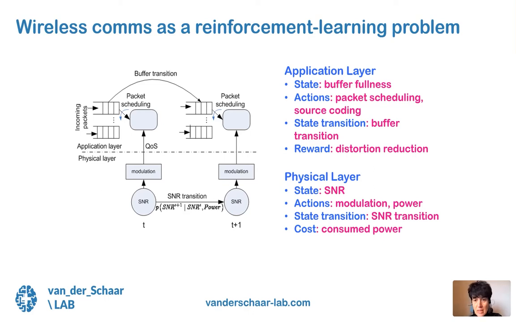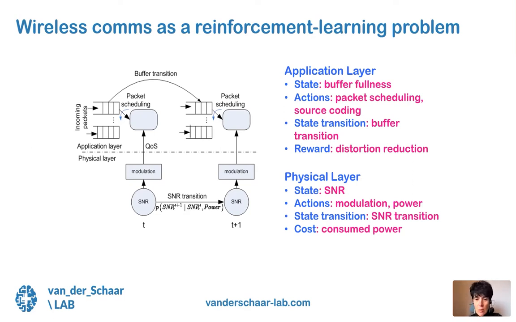The state transition is the buffer transition, how we can move from the current buffer state to a next buffer state, depending on, for instance, the packet scheduling or source coding strategy. The reward or the cost could be defined in terms of distortion reduction, or cost distortion, or video quality, if that is the preferred metric.